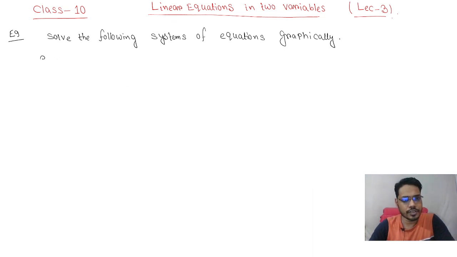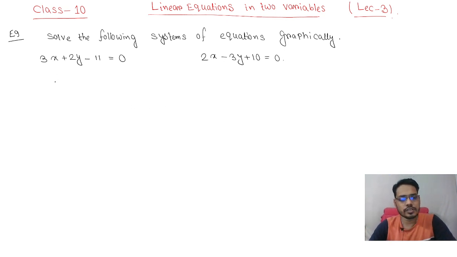The first one is 3x plus 2y minus 11 is equal to 0. And the second equation, 2x minus 3y plus 10 is equal to 0.